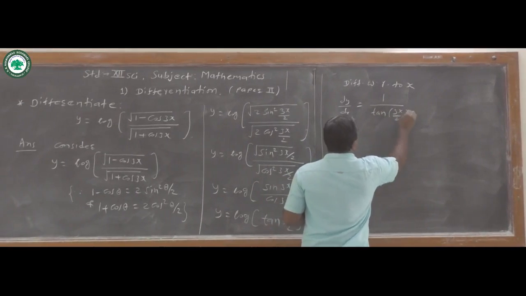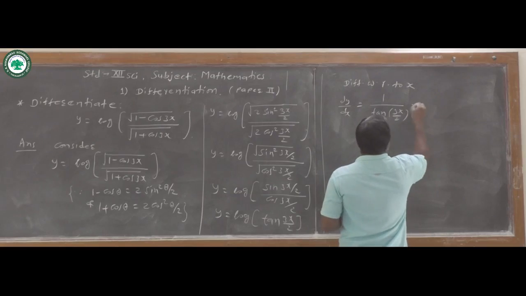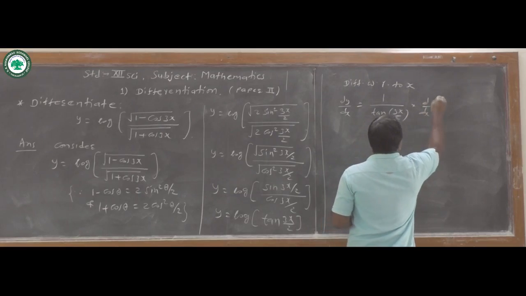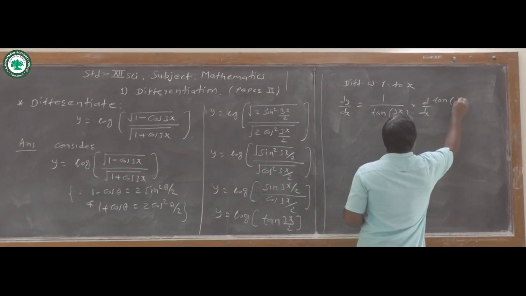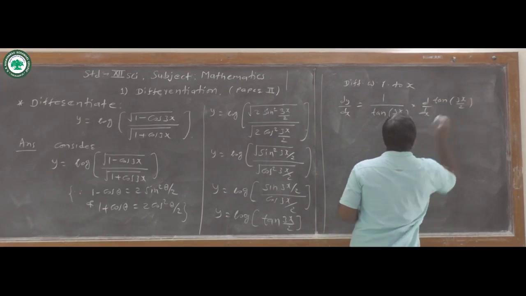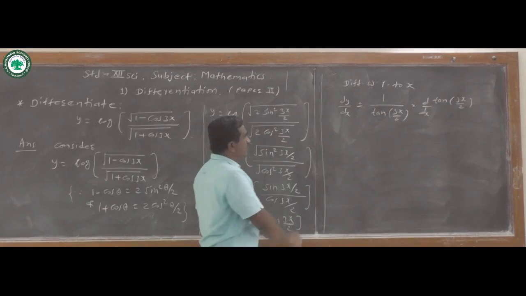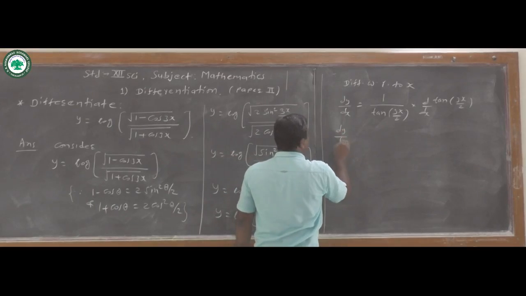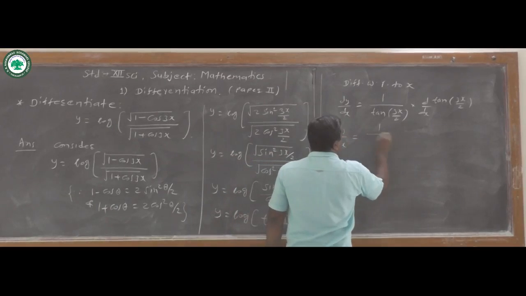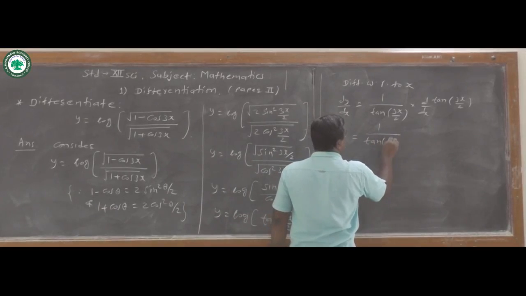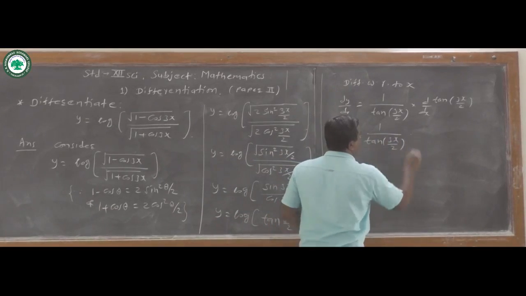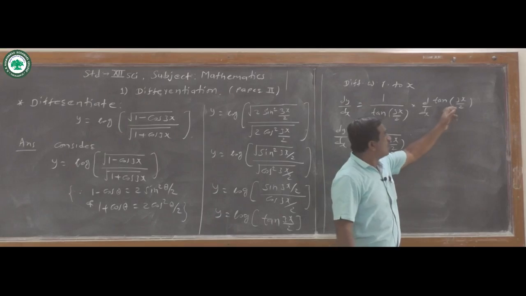Using this formula, we can write derivative of this is 1 upon tan of 3x upon 2 into d by dx of tan of 3x upon 2. Okay, now dy by dx is equal to 1 upon tan of 3x upon 2 as it is, into derivative of this term, tan of 3x upon 2.